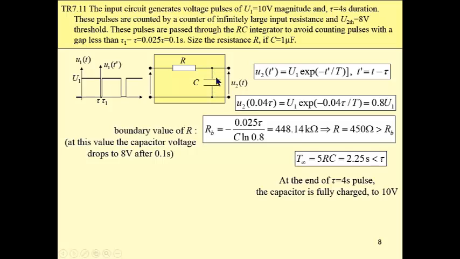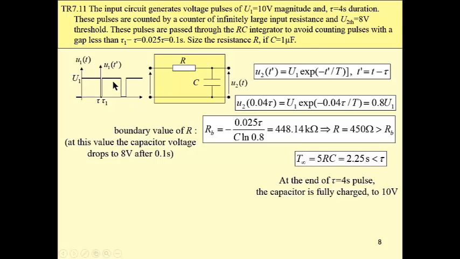The initial condition decays to 0, and we want at this instant of time, which is 0.1 second, this voltage to be 8, the magnitude of the pulse, and very easily we may calculate that the boundary value is 48 kilo ohm. A slightly larger value has to be selected, such that this level is not reached.